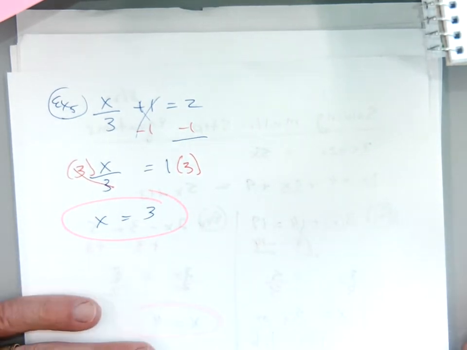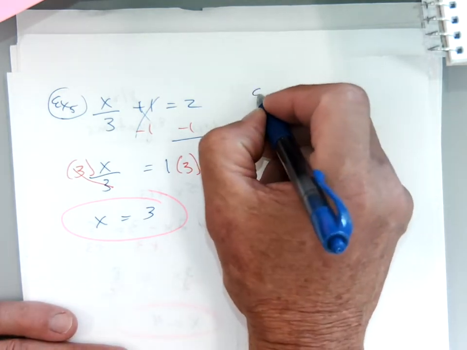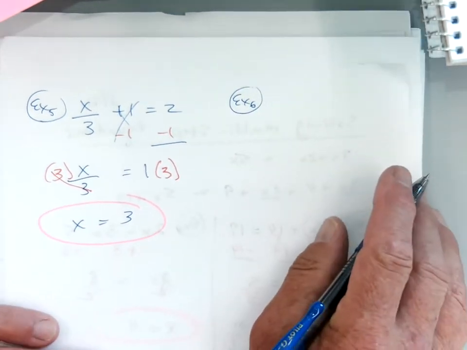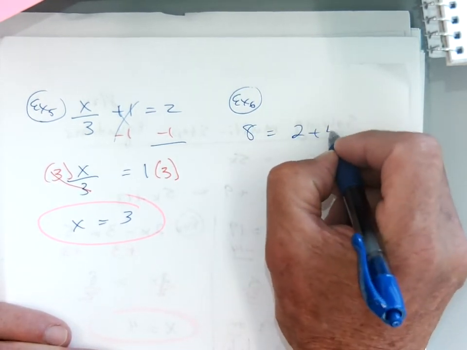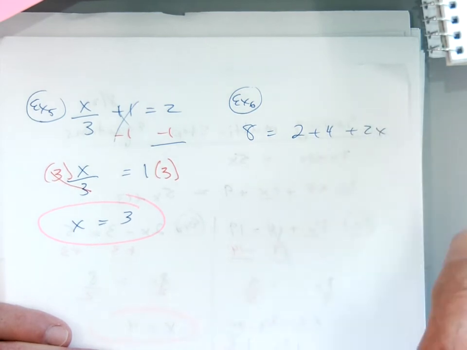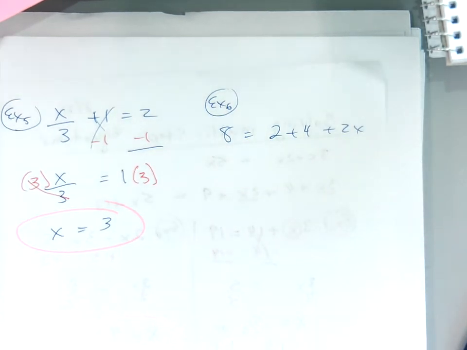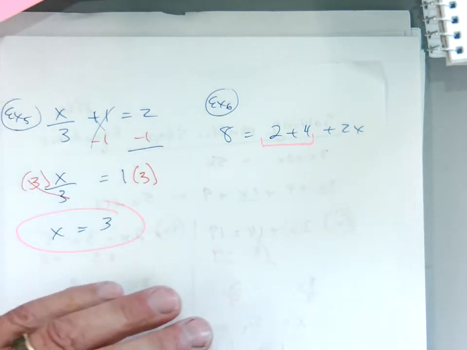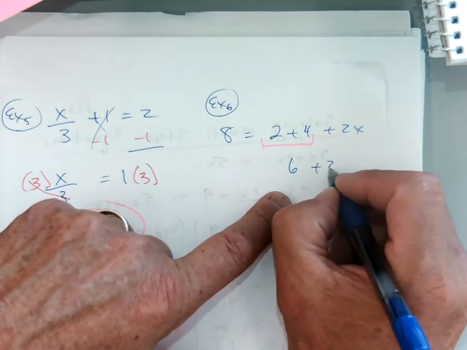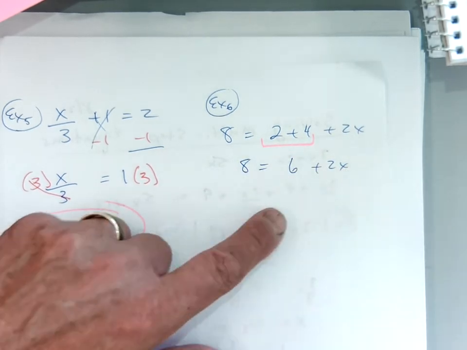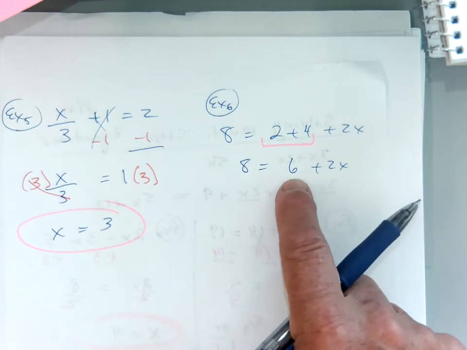Okay, I've got example 6 we did today, and I did an 8 equals 2 plus 4 plus 2x. Well, I'm going to tidy it up first. These two integers can be combined. 2 plus 4 is 6, so instead of writing 2 plus 4, let's just write that as a 6. Such a simple version of 2 plus 4. Alright, now the 6 is a positive 6.